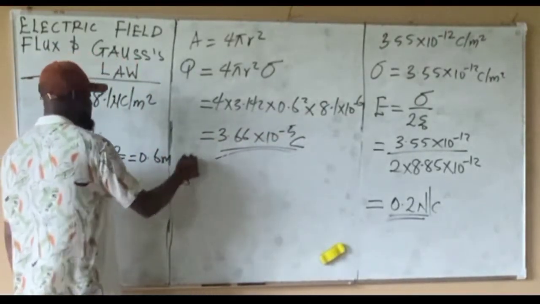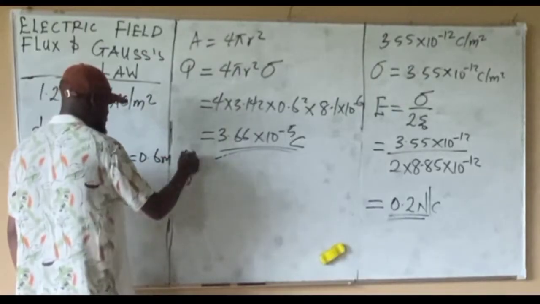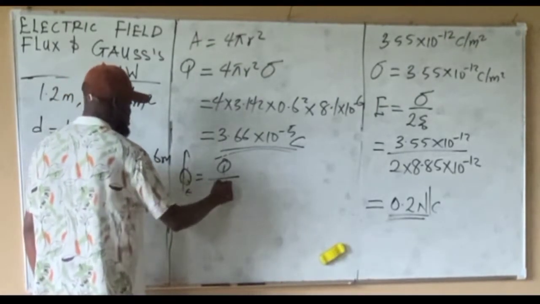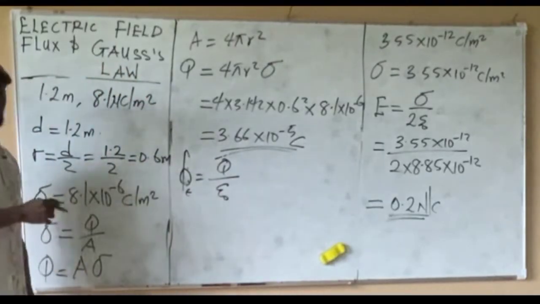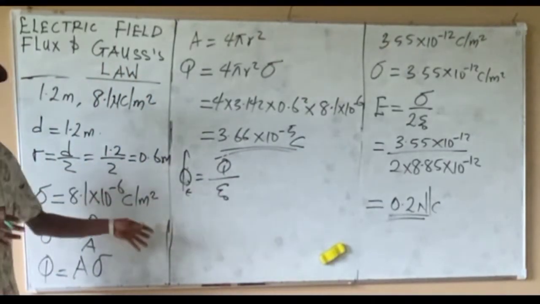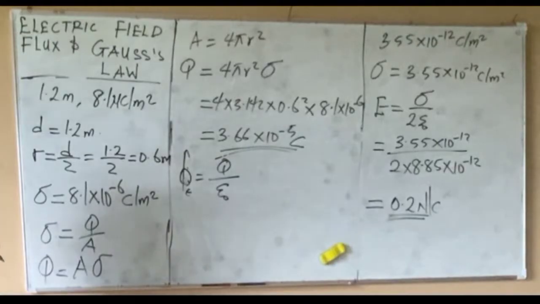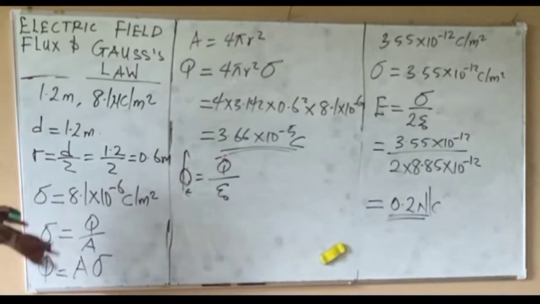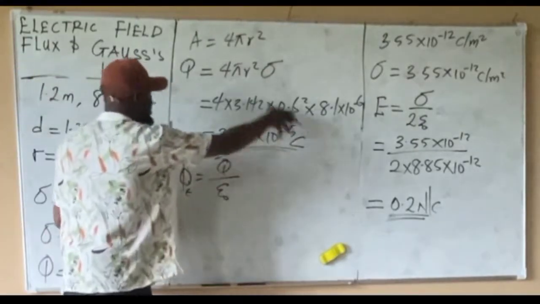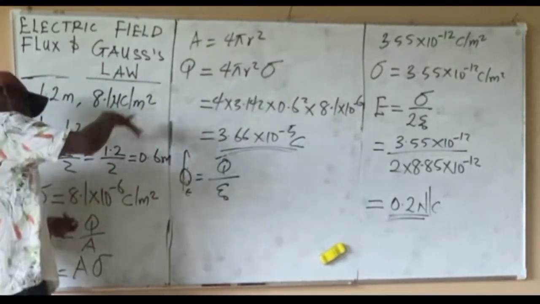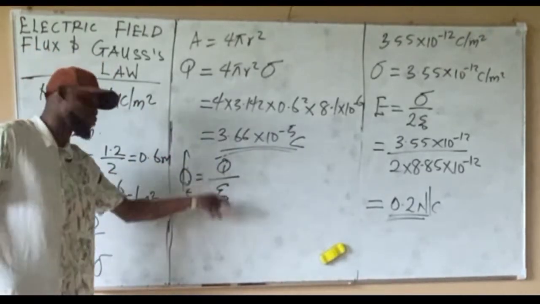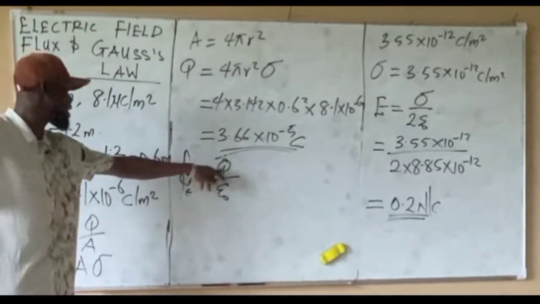Then the total flux leaving the surface of the sphere will be the total charge over epsilon, from Gauss's law. Or you can use kQ over r squared for the electric field and multiply by the area of the sphere, using E times A, which will also give you this answer. Remember, for Gauss's law we don't use area, we just use the charge on the sphere.